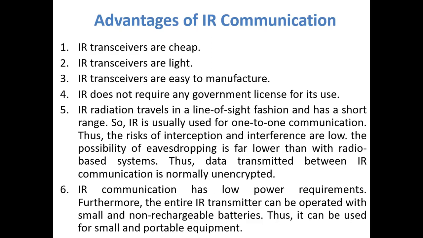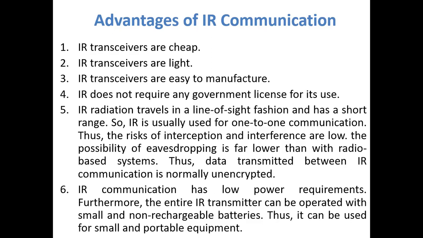And you have a line of sight communication and short range. That's basically a disadvantage, but it can also ensure that there is no interference between two nearby communication setups. You have just point-to-point or one-to-one communication. That's the primary use of IR communication.